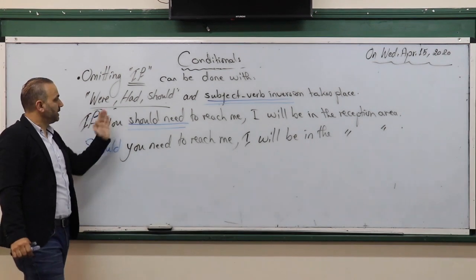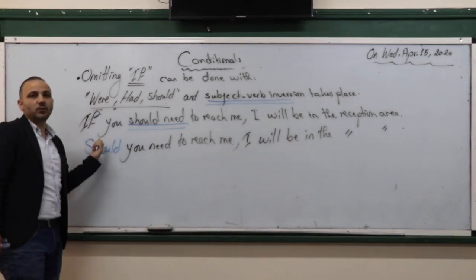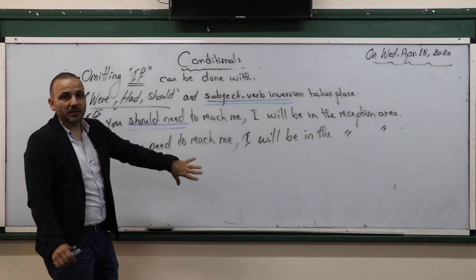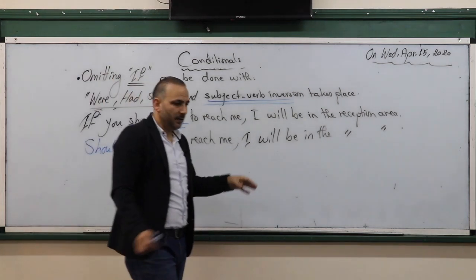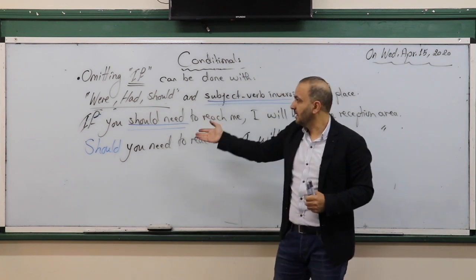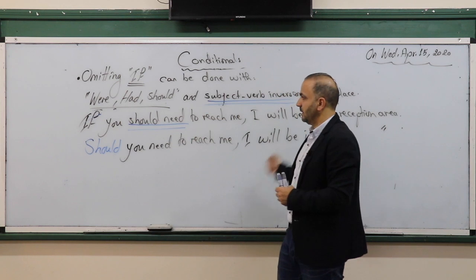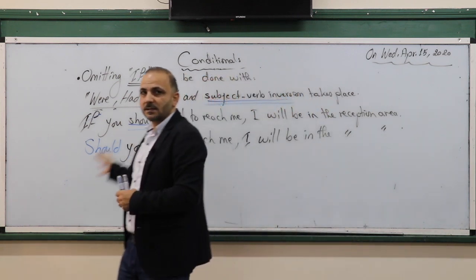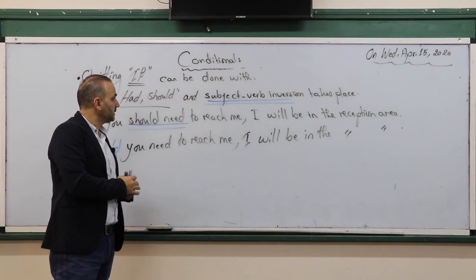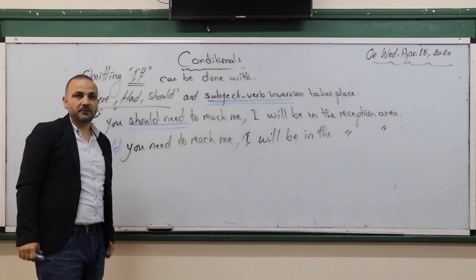If I ask you to begin your sentence with had or were, change the statement into a conditional sentence with if, and later on omit if. If we have were, if we have had, if we have should, you can replace it as we see it with everything. Okay? This is the first part about conditional sentences, changing it into a statement and also omitting if. Another part.